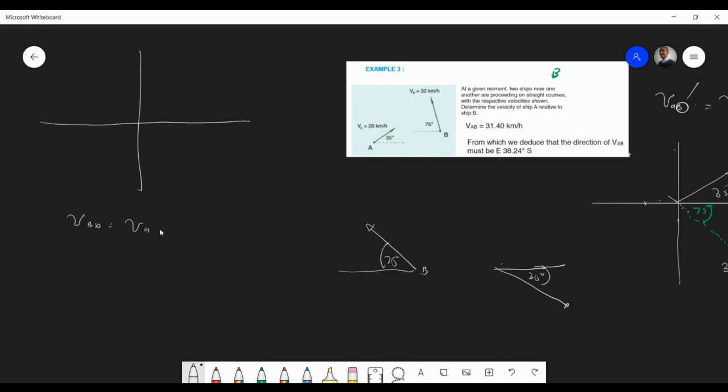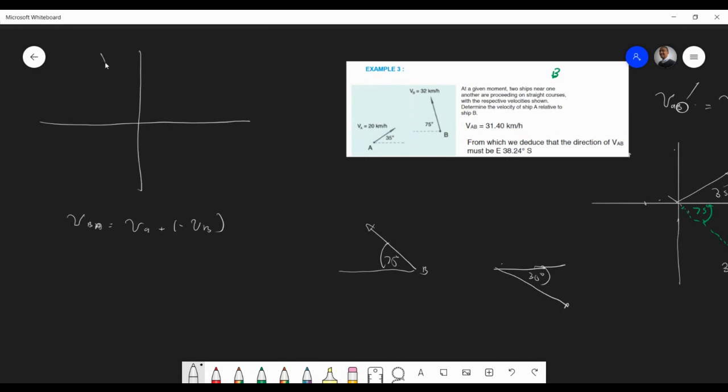So we're applying B relative to A. That's going to be VA plus negative VB, now. Remember, the notation is very, very important. So B will remain the same.